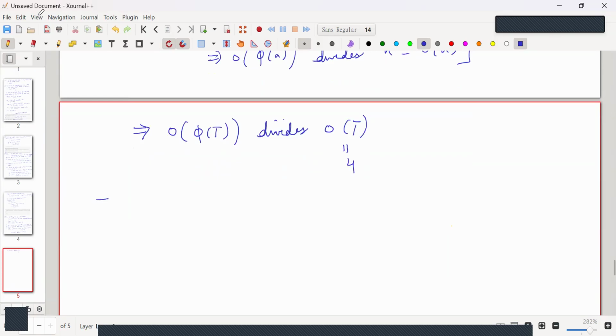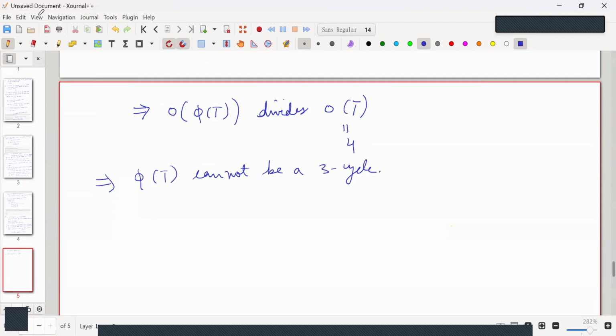So this implies pi of 1 bar cannot be a 3 cycle. So it is either a 1 cycle or a 2 cycle. So pi of 1 bar has 4 possibilities.